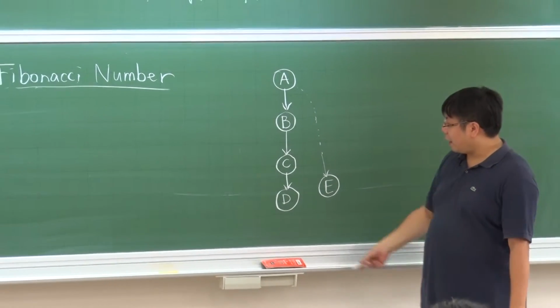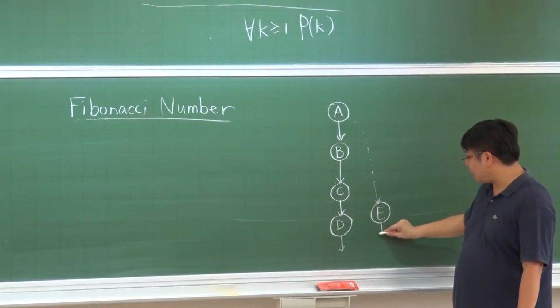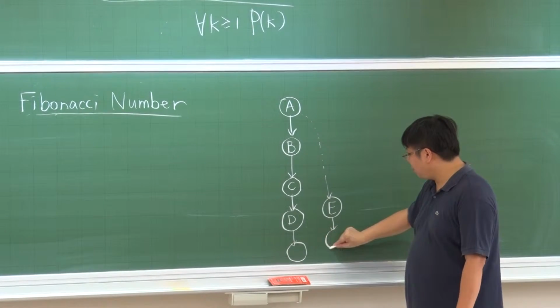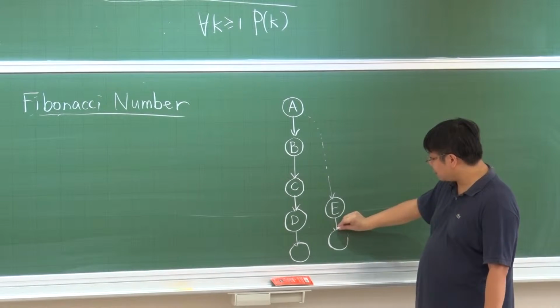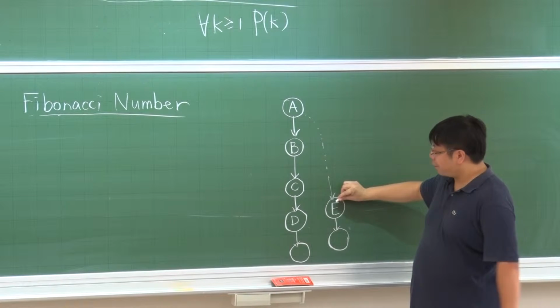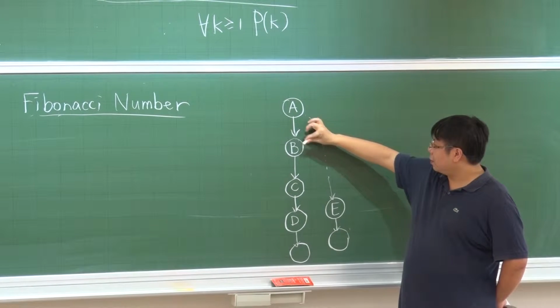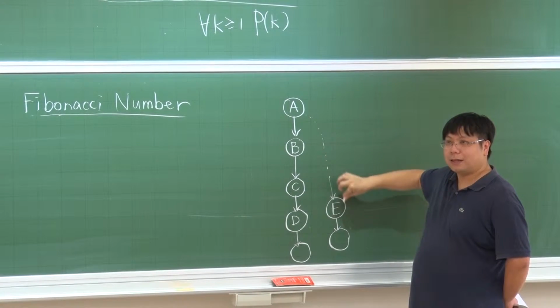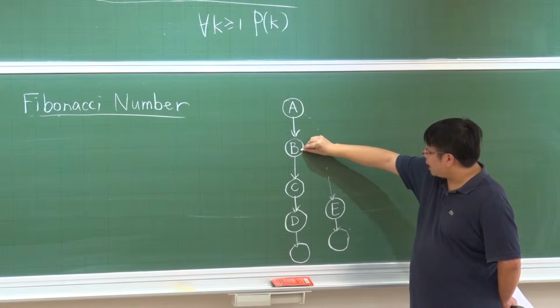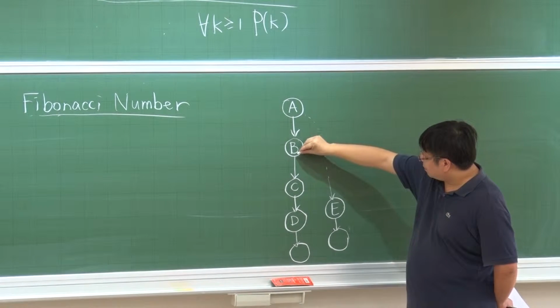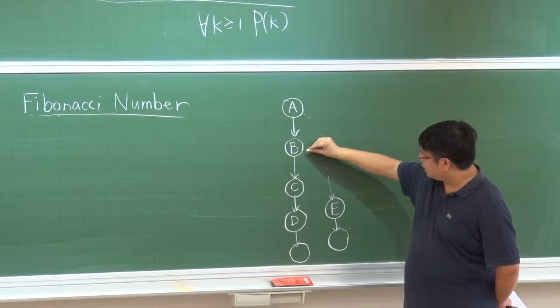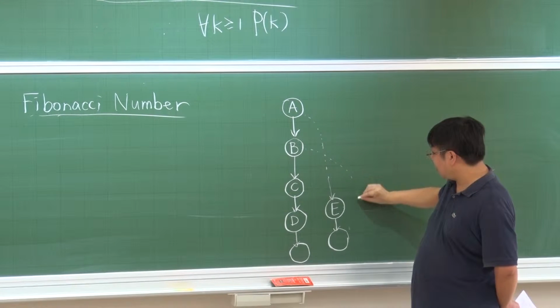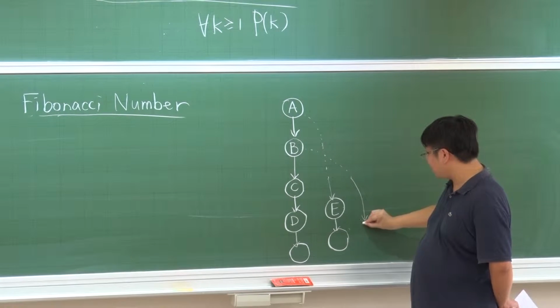So every new pair of rabbits, you will get a new pair in the next month. But if you have given birth in this month, then you will take a rest. So B will take a rest. B gives C, B will not give at this month, but B will get a rabbit at this month.